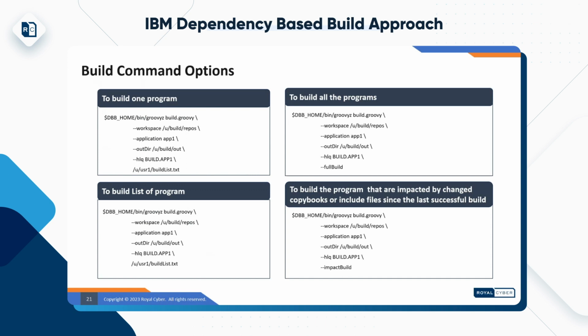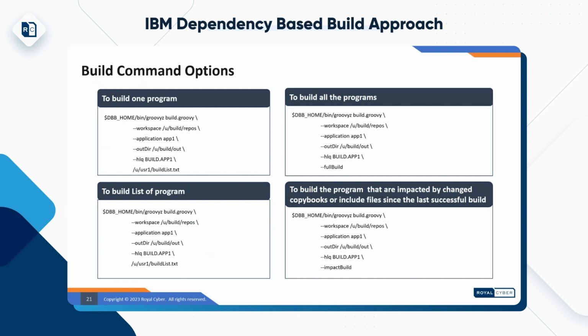So when I want to use the build command, or trigger the build process, I may build one program, that is, compile the code change of one program, or compile a set of a few programs, or compile all the programs in your application.